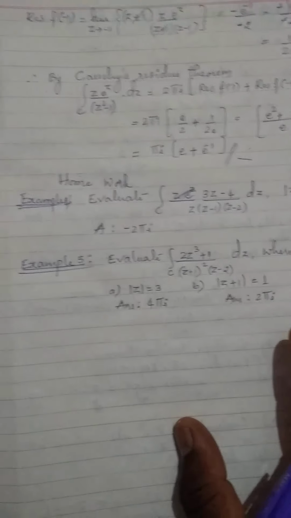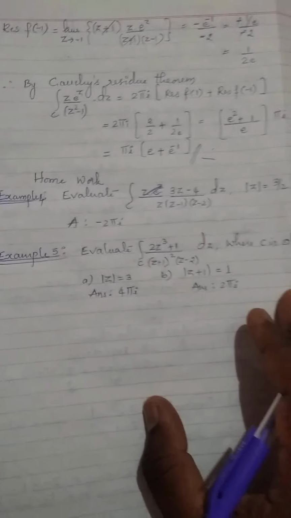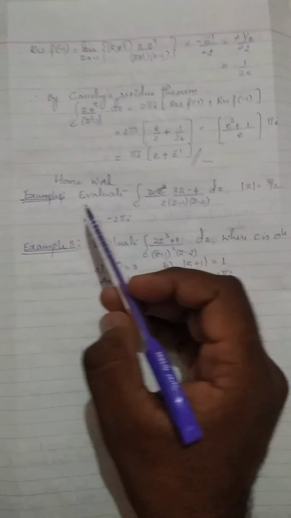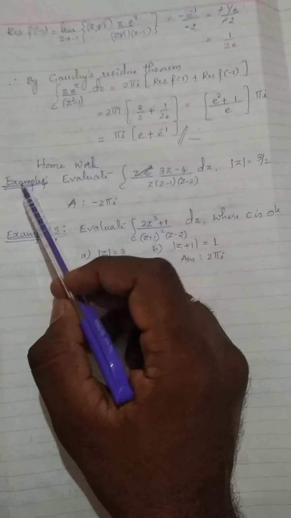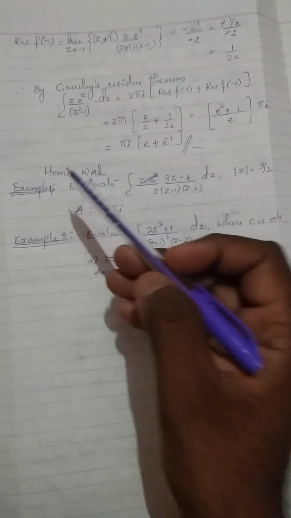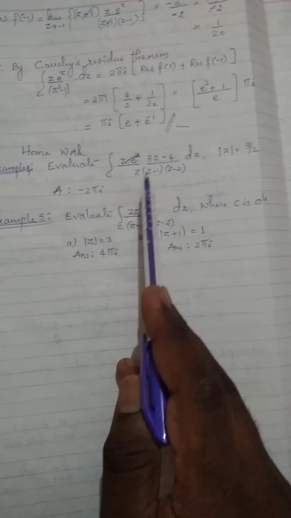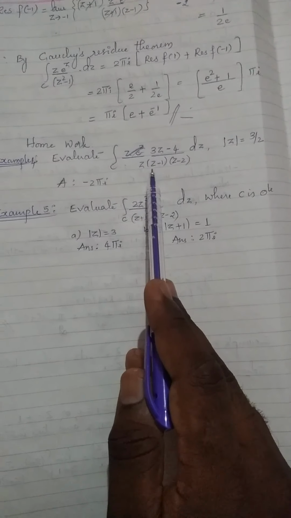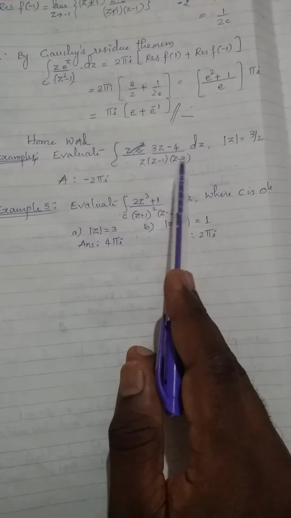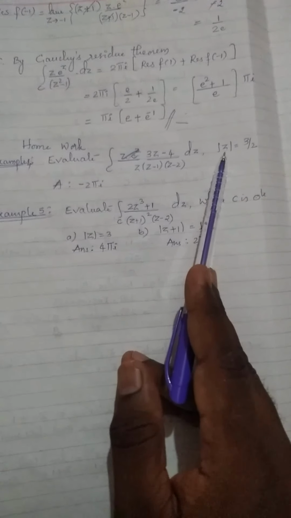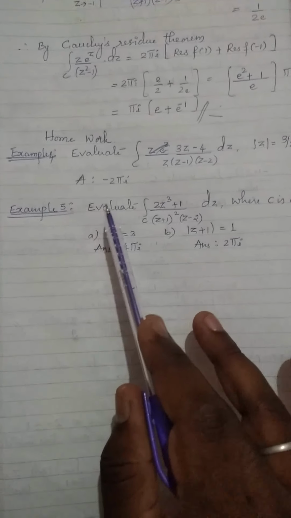Here are some assignments or homework for the students. Example 4 is like this: evaluate the integration over C of (3z minus 4) divided by z into (z minus 1) into (z minus 2) dz, where modulus of z is equal to 3 by 2. The answer is minus 2 pi i.